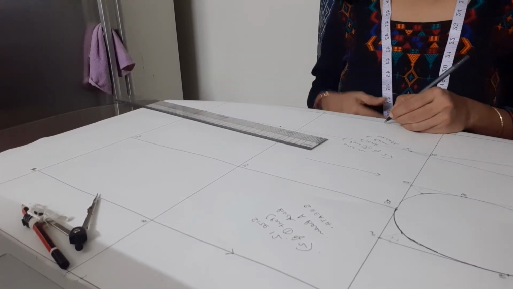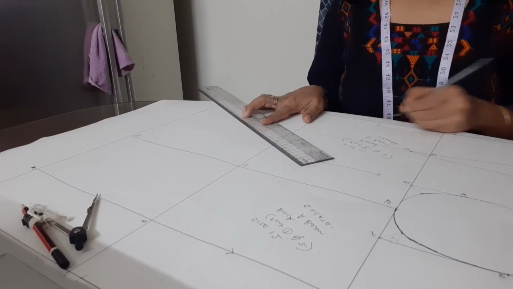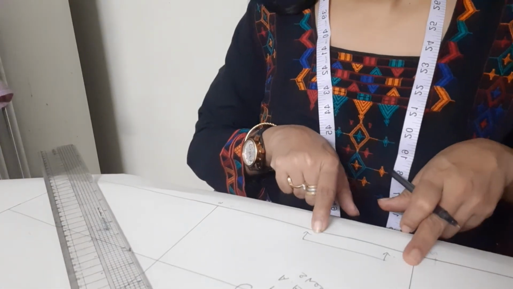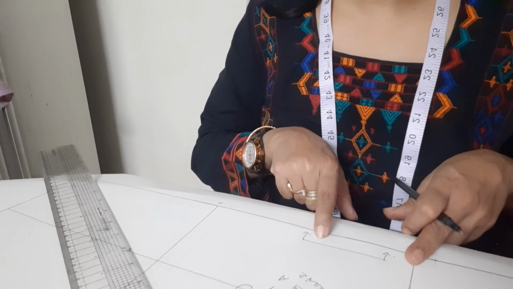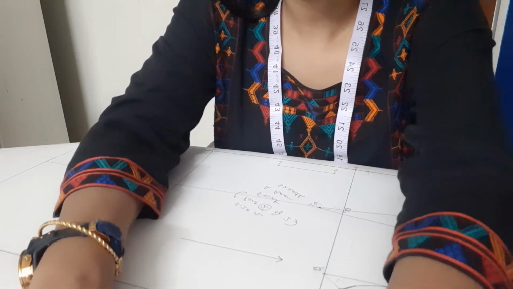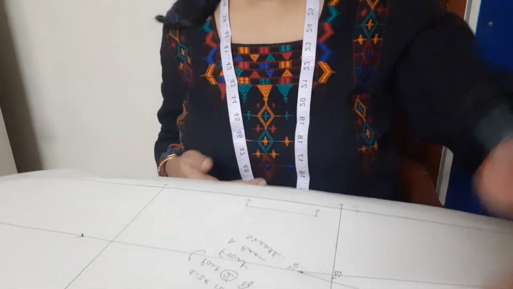And the last little thing is that we mark this kind of a sign, right? This basically means that your pattern is on fold. Similarly, same thing for the back.